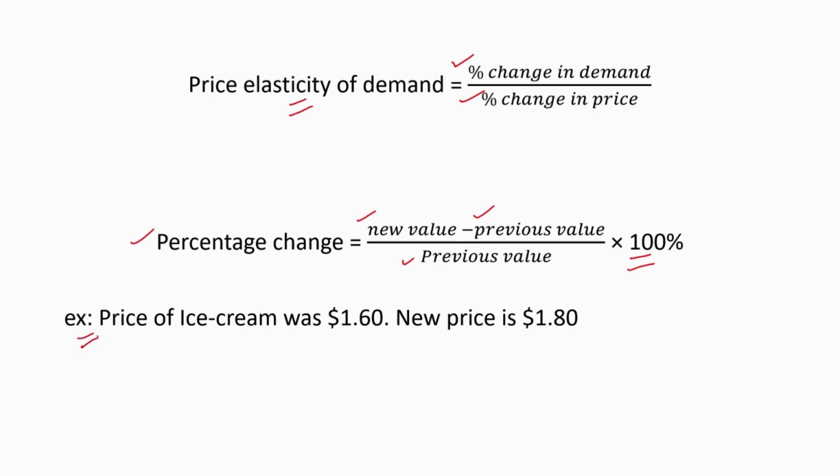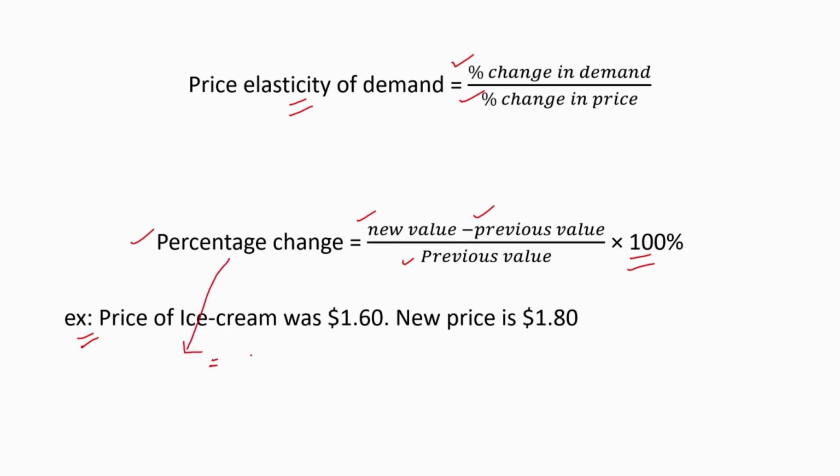Let's do this example so you can understand how to calculate the percentage change. Here it says the price of ice cream was $1.6 and the new price is $1.8. Now let's calculate the percentage change of the price. We can assign the values to this formula.